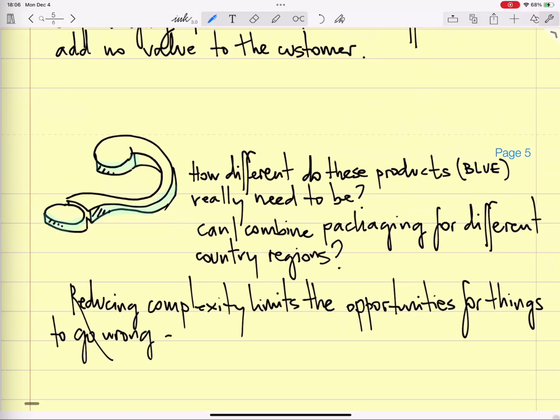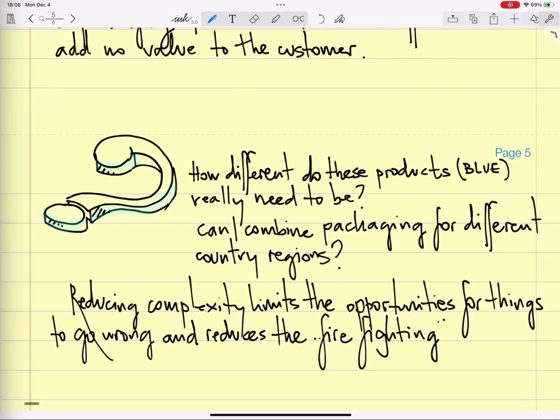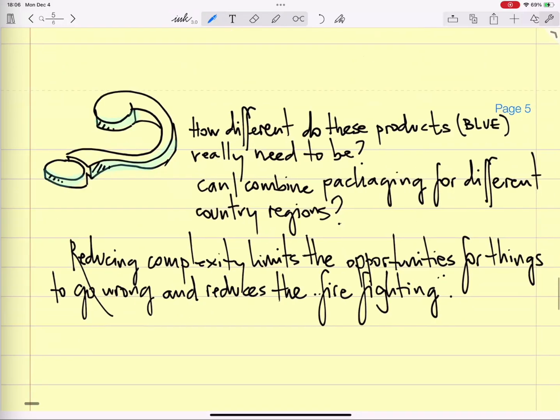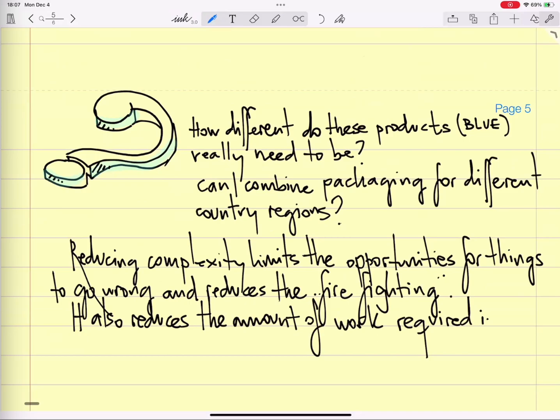And reduces the so-called firefighting. It also reduces the amount of work required in many areas of the business.